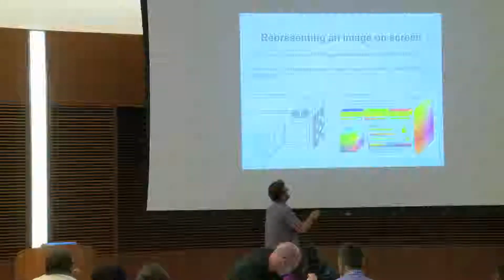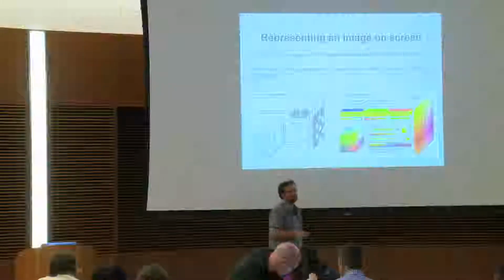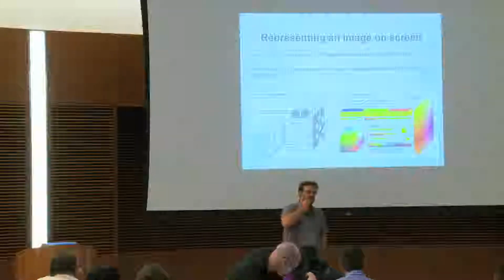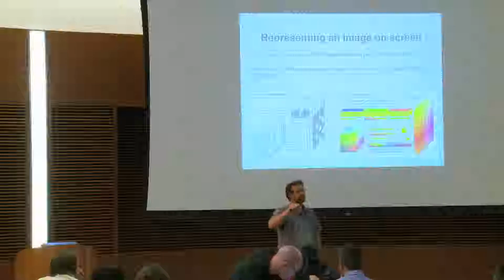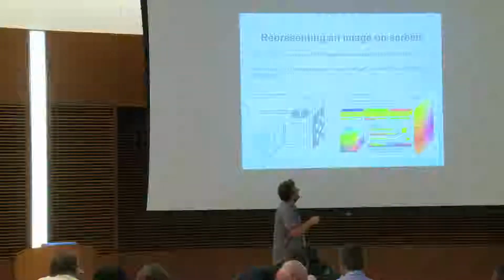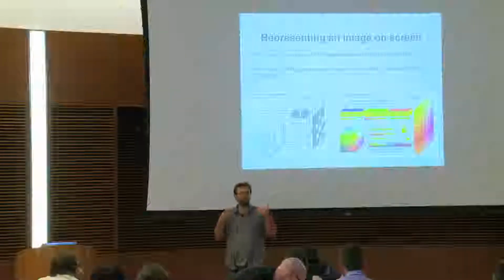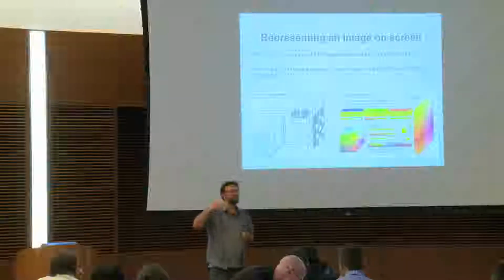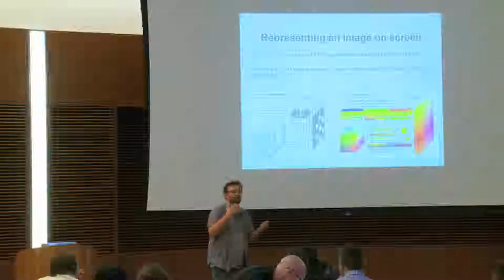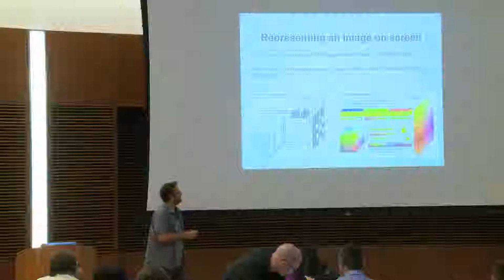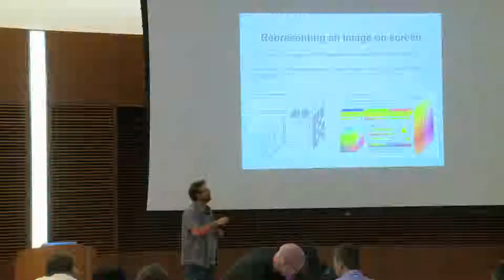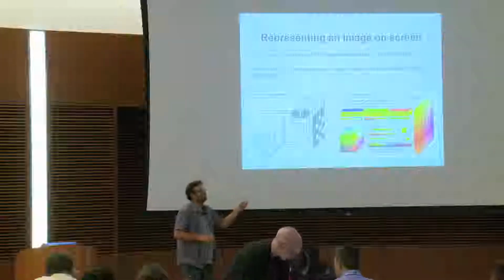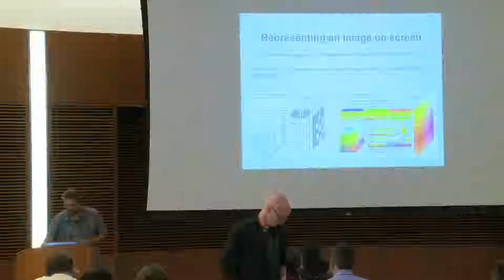You have 8 bits for the blue, 8 bits for the green, 8 bits for the red, meaning that you have 256 shades for each channel. But the problem is that the cameras we're using in biology can be 12 bits, 14 bits, and maybe more now. So in fact, we are facing the exact same problem as before, but now we don't really know it. Before it was obvious, now a bit less.